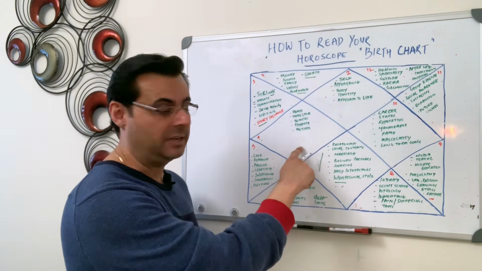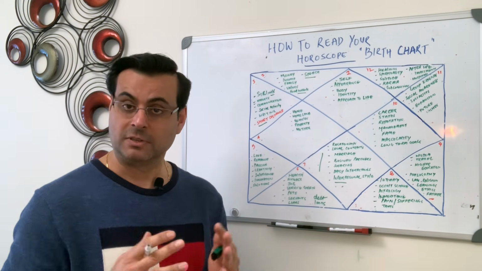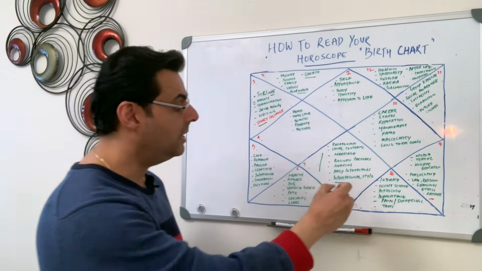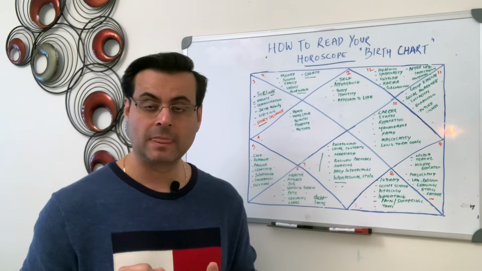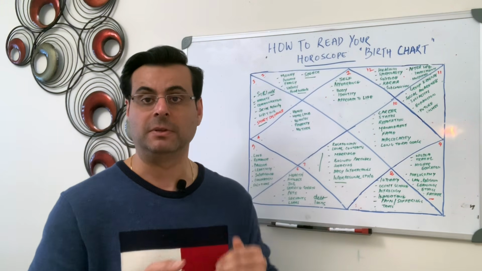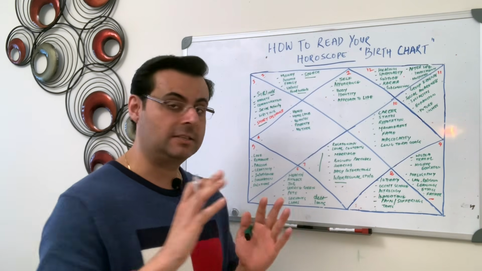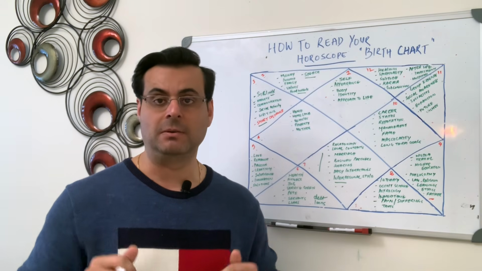Fourth house, property. Seventh house, relationship, business, partnerships. Very important house. Eighth house is the house of occult science. This is an underground house. This house is not visible, and that's why we call it a house of underground activities also. For example, the criminal minds.